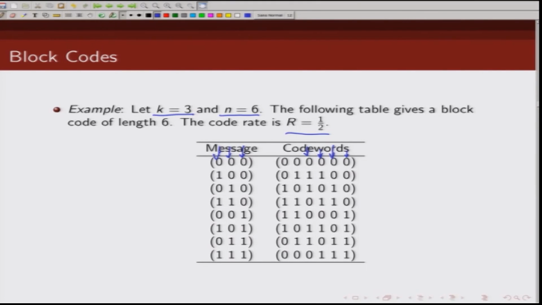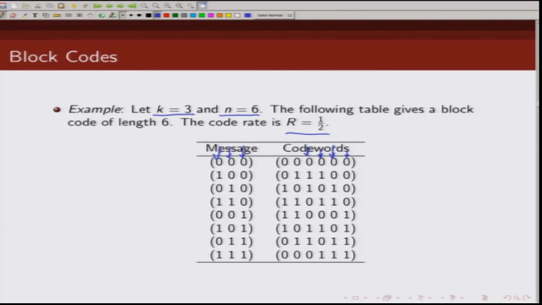So, 0 plus 0 is 0, 0 plus 1 is 1, 1 plus 0 is 1, and 1 plus 1 is 0. It is modulo 2 addition. So, 1 plus 1 is 0, 0 plus 0 is 0, 1 plus 0 is 1, 0 plus 1 is 1, and 1 plus 1 is 0.